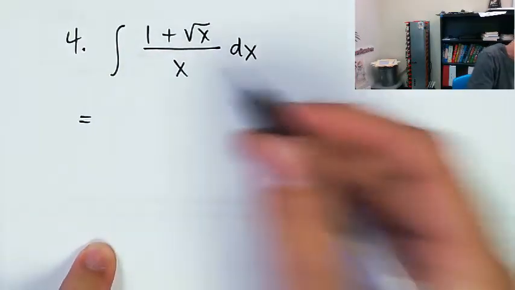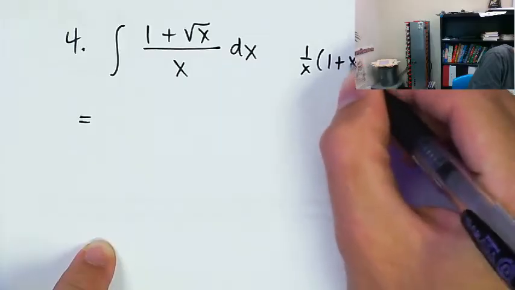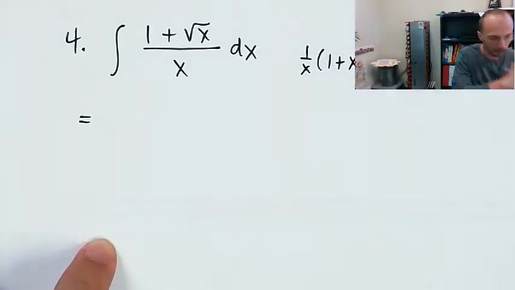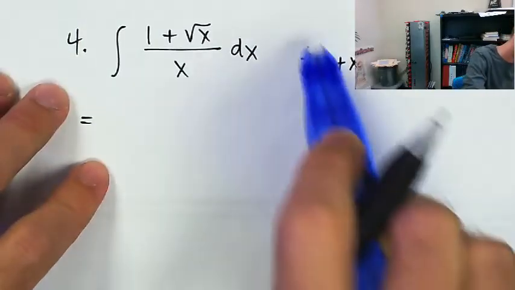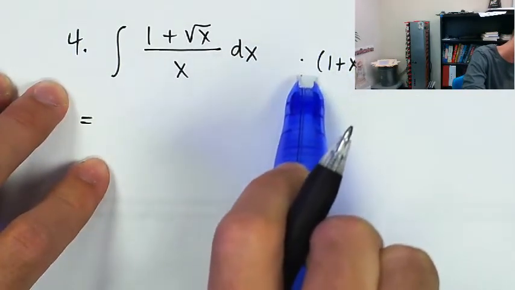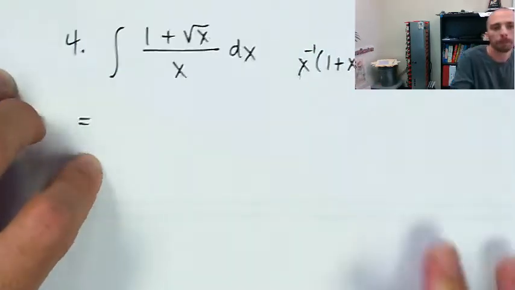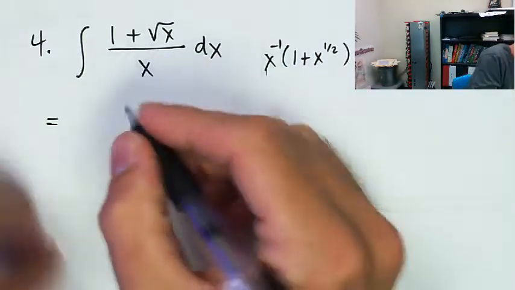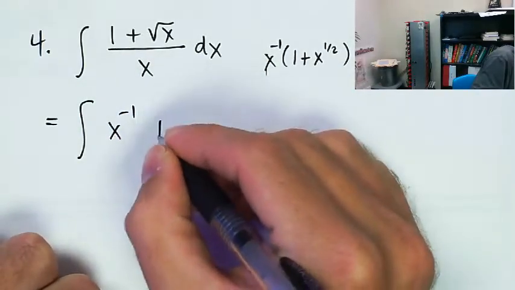So this is equal to, it's like 1 over x times 1 plus x to the 1/2. Or maybe I get rid of that and instead write it as x to the negative 1. Then if I distribute, I'll be anti-differentiating x to the negative 1.